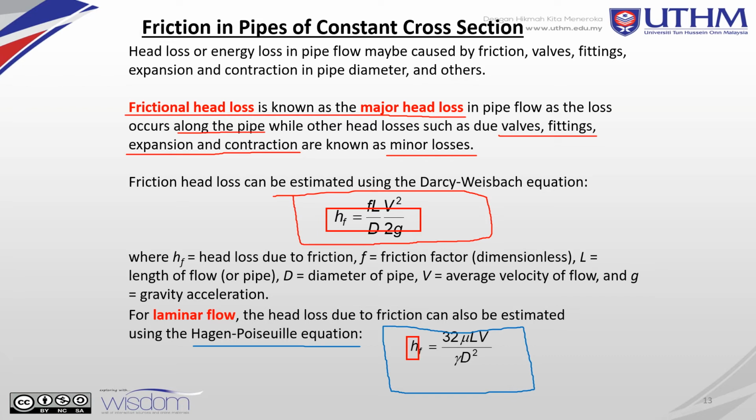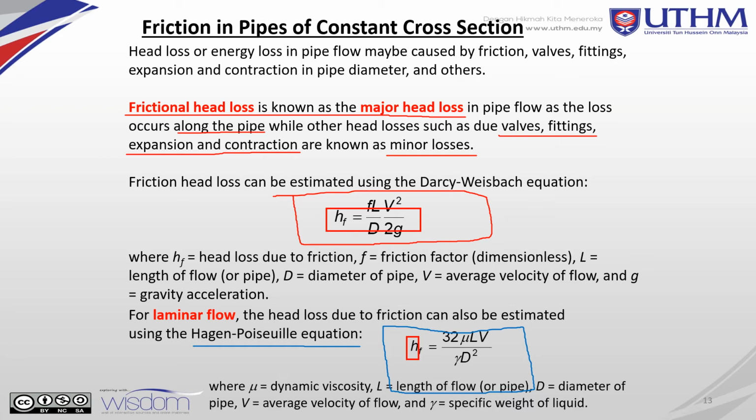Okay, for laminar flow, the head loss due to friction can also be estimated using the Hagen-Poiseuille equation. Using this, HF is equal to 32 times viscosity times length times velocity, divided by the specific weight times diameter to the power of 2.